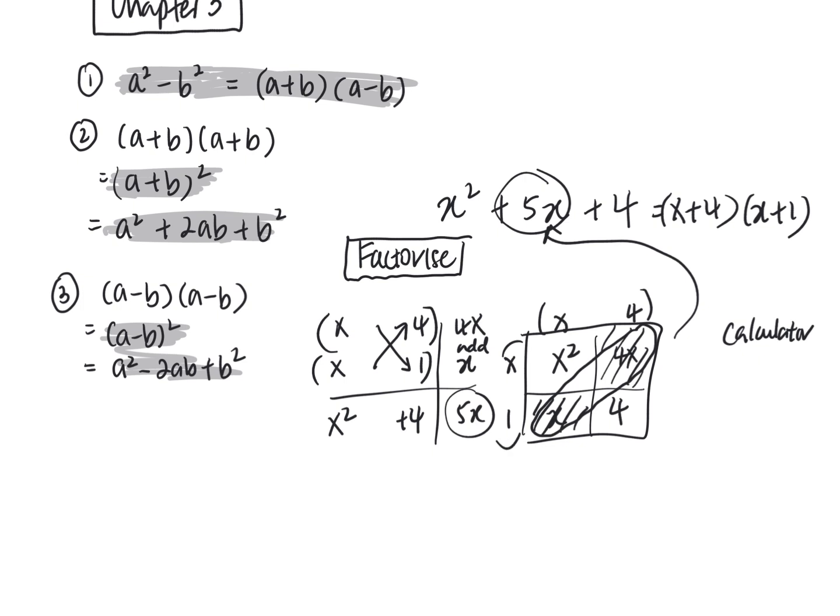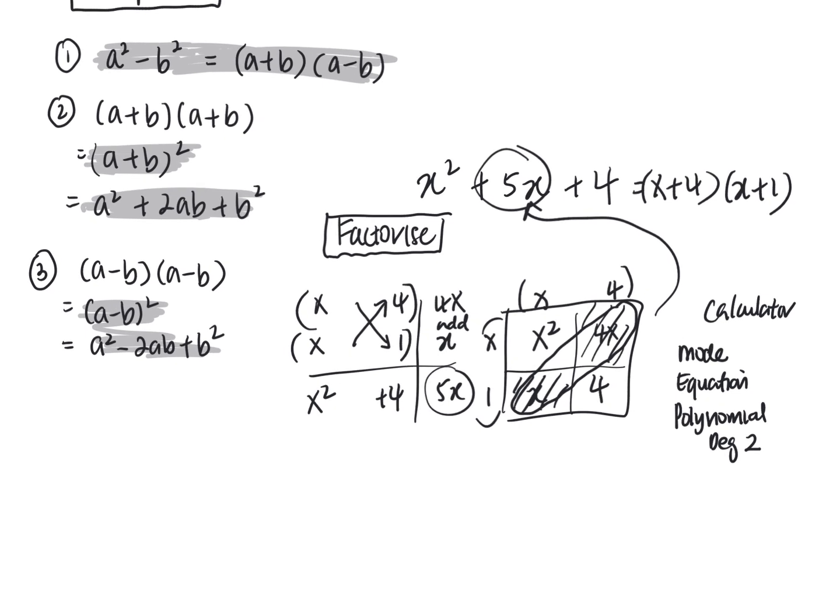Okay, calculator, when you press the mode, right? Choose the equation, and then choose polynomial, with degree 2. Once you write this, they will ask you to key in 1, 5, and 4.